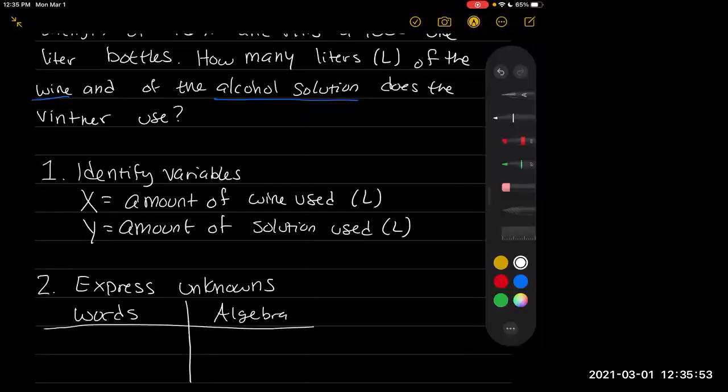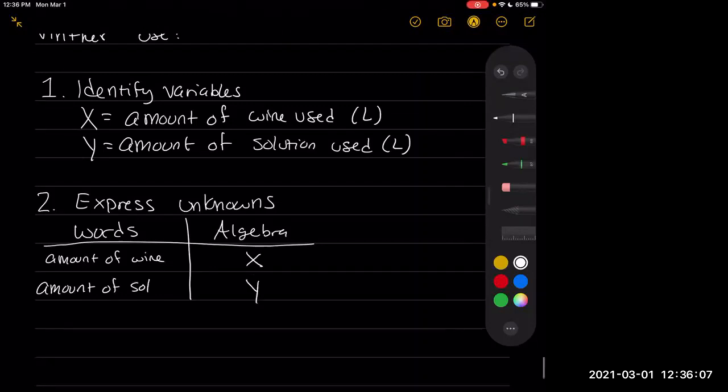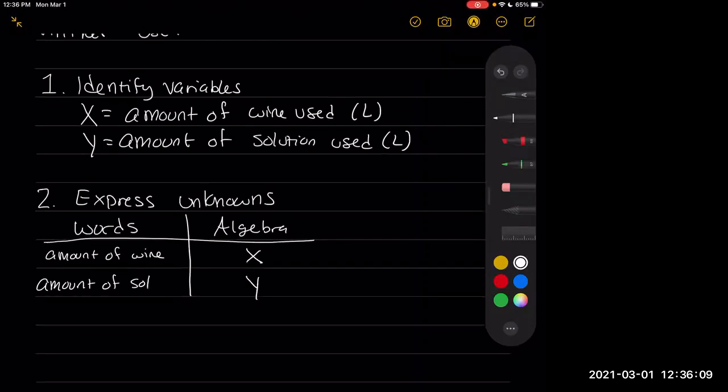And again, we already know the amount of wine is going to be represented by X. The amount of solution is going to be measured by Y. And then we know the alcohol percentage in wine is 10%.